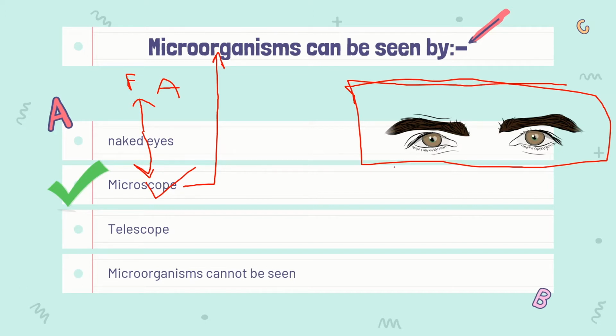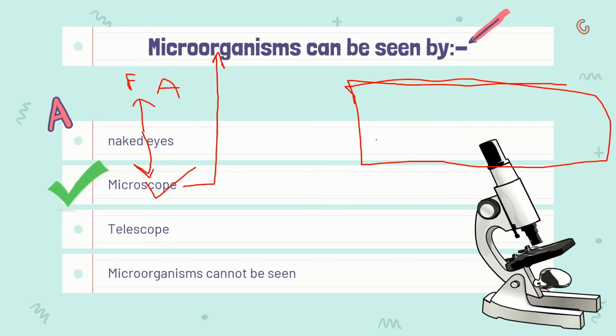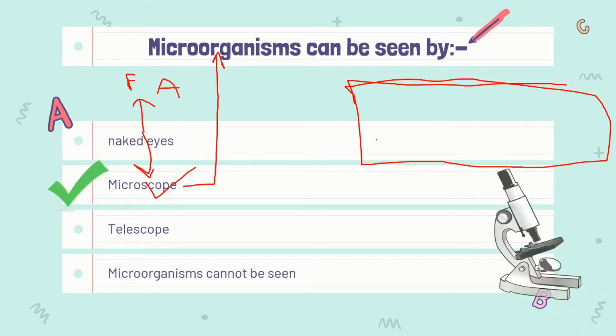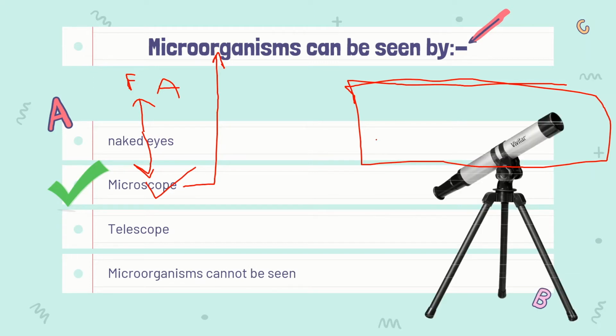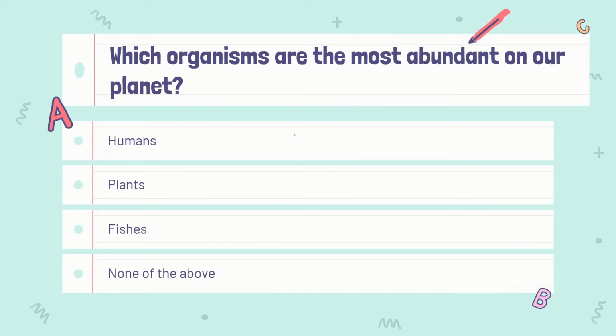Next is, this is how a microscope looks. This is a telescope. A telescope is actually used to view objects present in space. Okay, so which organisms are the most abundant on a planet? Abundant means everywhere. Humans are not present everywhere on a planet, neither plants nor fishes. The answer is none of the above.